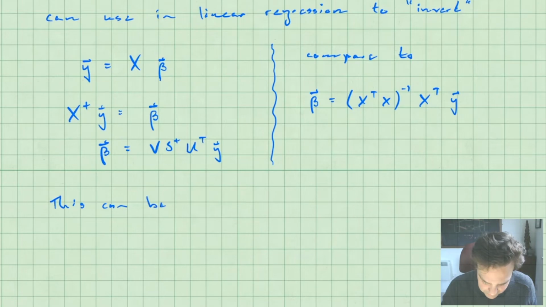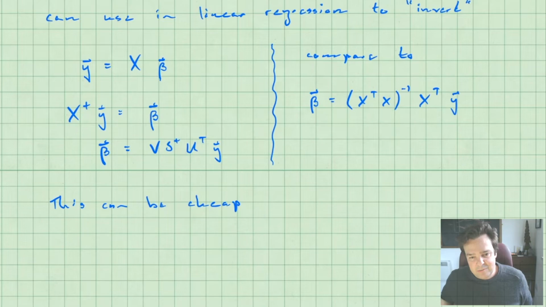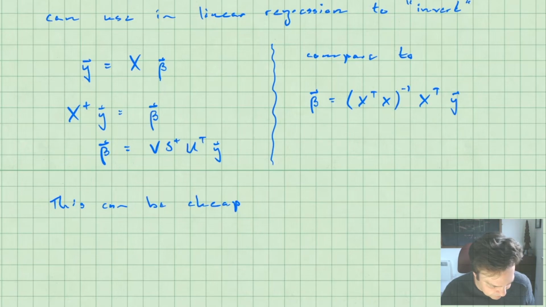I often say this in this lecture, that it can be cheap with the understanding that maybe somehow it was cheap to compute the decomposition, so to find V and U and S plus. But maybe the more important thing is that it allows you to do the following.